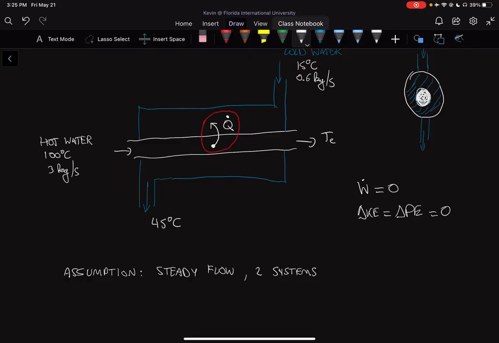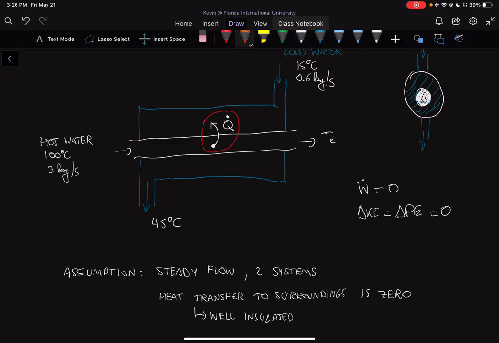The other thing we can also say is that the heat transfer to surroundings is 0. So we're going to assume that the system is well insulated. We're not given any information on any heat transfer to the outside of the whole system.